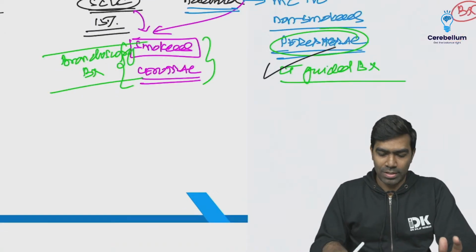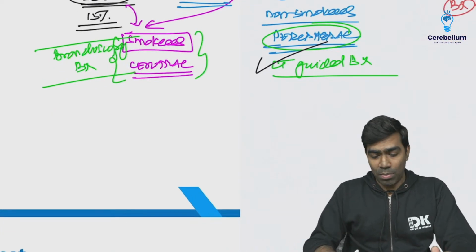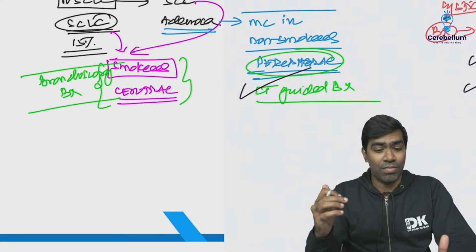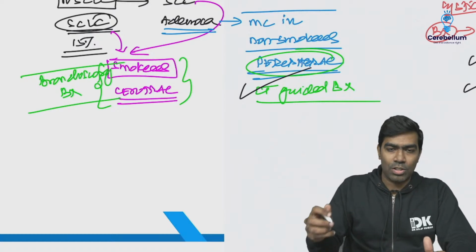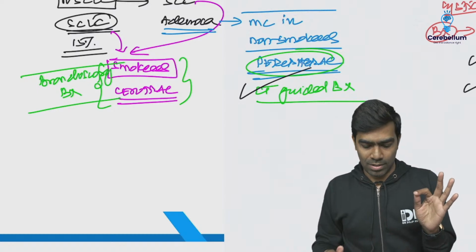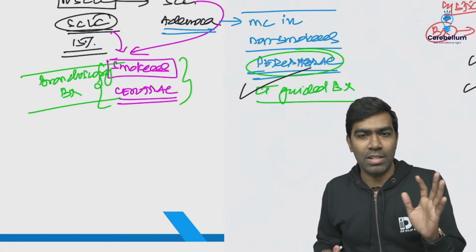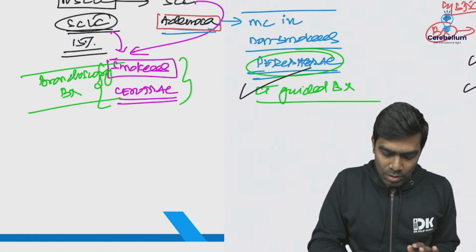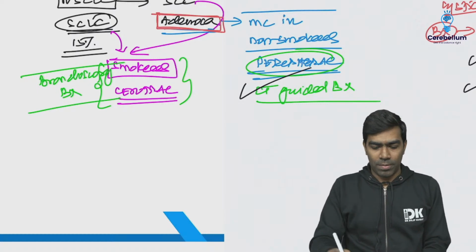That's how it works. And another important point they can ask is which of the cancers is going to show EGFR mutations. EGFR, that's called epidermal growth factor receptor mutations. Which cancer tends to commonly harbor EGFR mutations? Adenocarcinoma. It's a very, very important point.